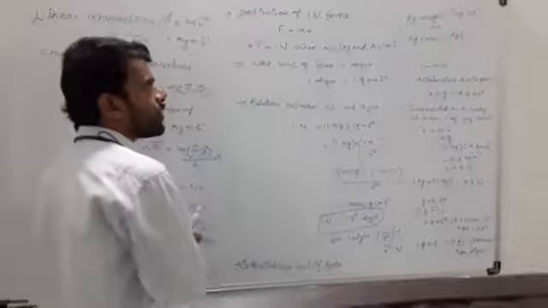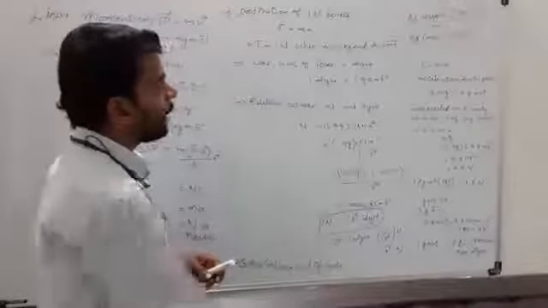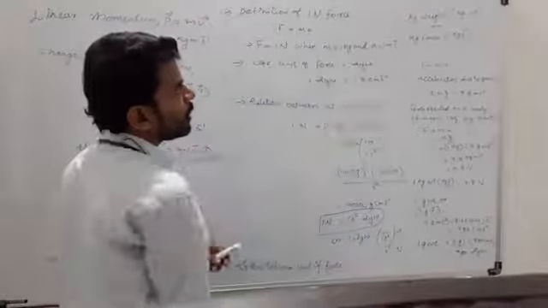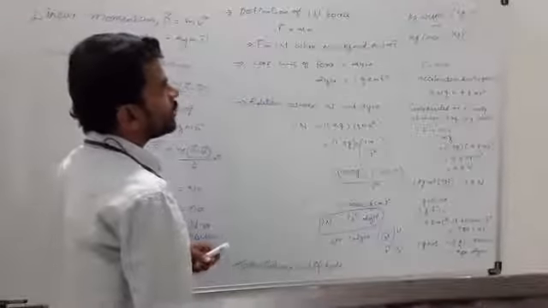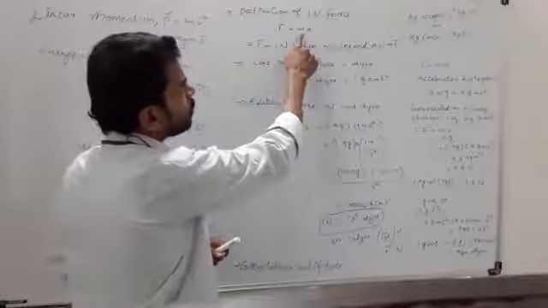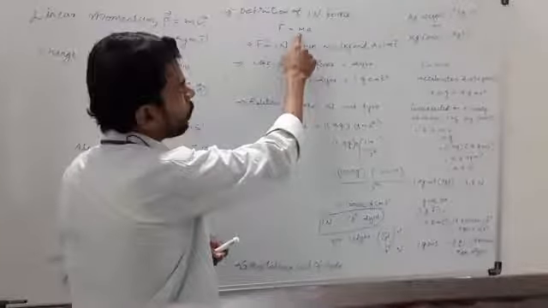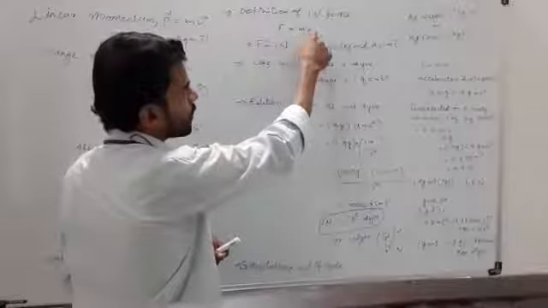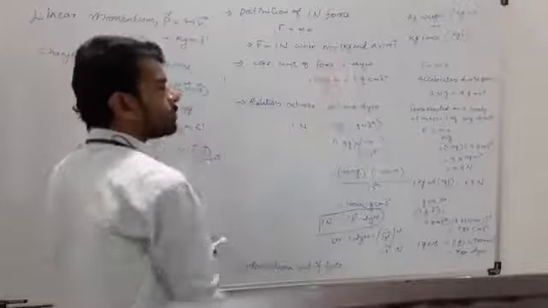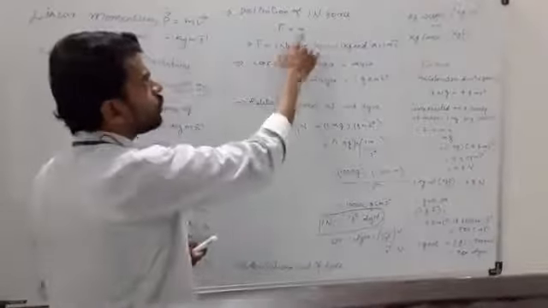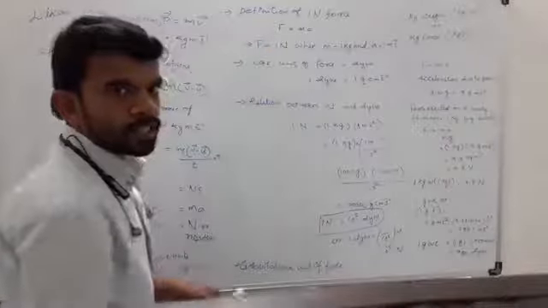So the acceleration is 1 meter per second square, and the mass of the body is 1 kilogram. Then what is the force required? 1 kilogram into 1 meter per second square, that is 1 into 1 is nothing but 1. So 1 Newton force.